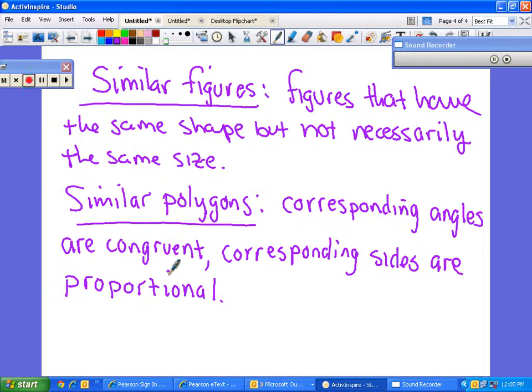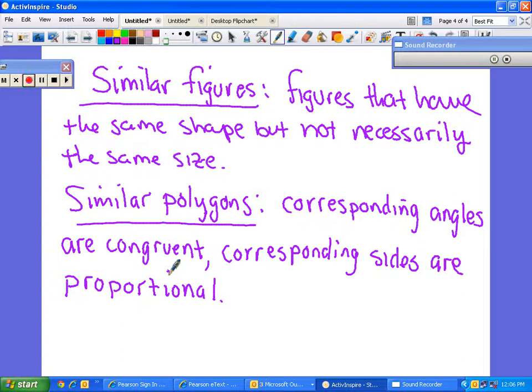Gabby, can you help Alan out? What does it mean by corresponding angles? When we talk about corresponding angles on two polygons, what are we talking about, Gabby? You know? There's nothing to look at. Does anybody know? Bill?